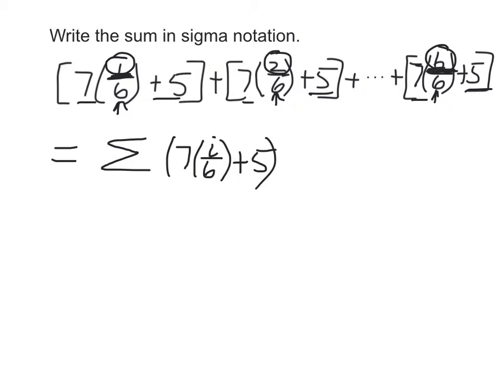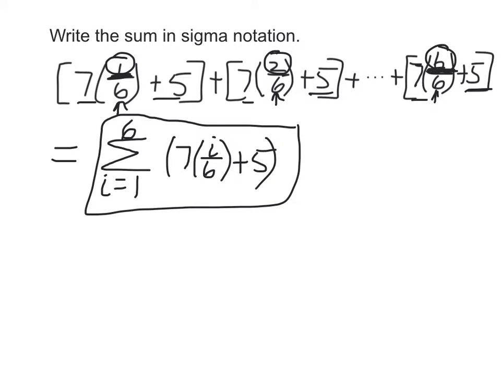So the index i equals starting at 1, ending at 6. And this would be the summation notation or sigma notation representing that sum. Now, some of these are fairly straightforward, fairly obvious, but there's some that get pretty tricky. So, questions on that one?